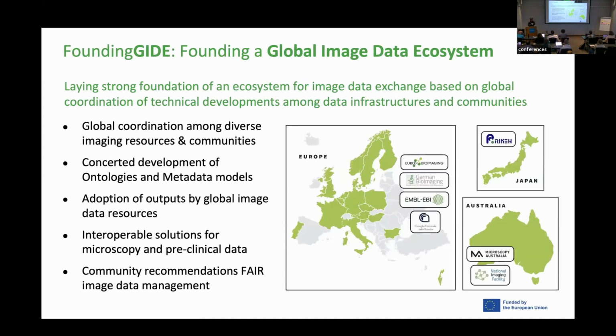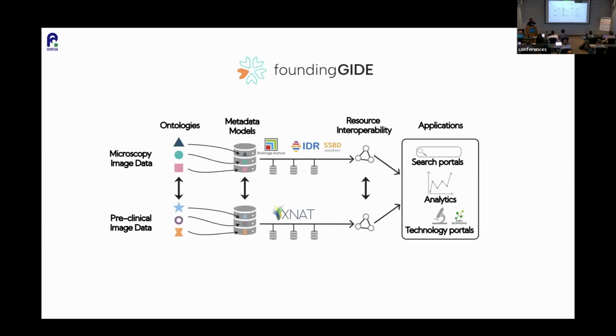The project aims to harmonize the metadata between the European and the Japanese repositories. For microscope data, we harmonize the metadata of the Image Data Resource and SSBD, making some kind of interoperable system, so that, really speaking, data are searchable across these databases.